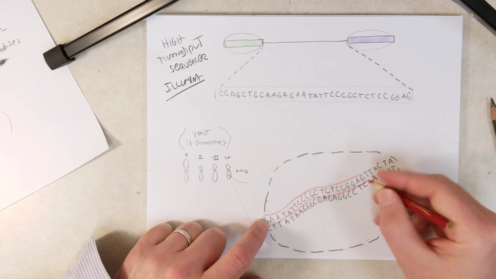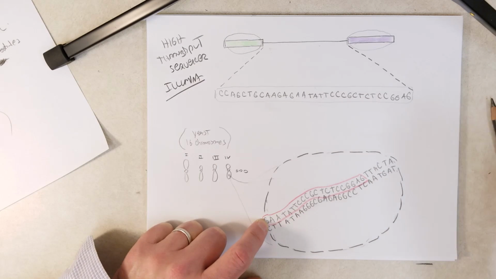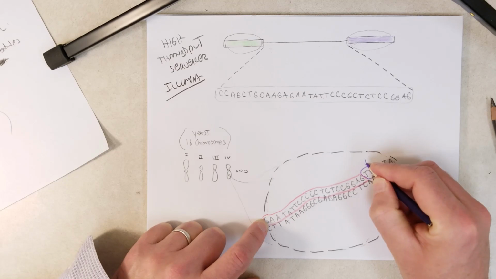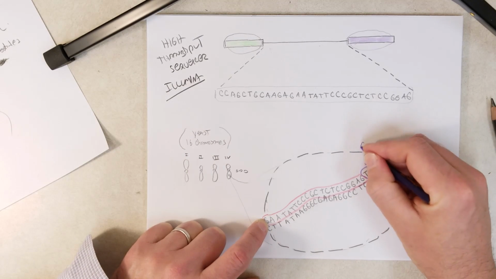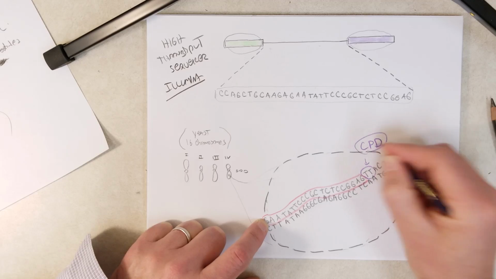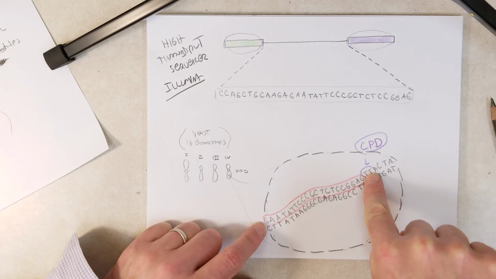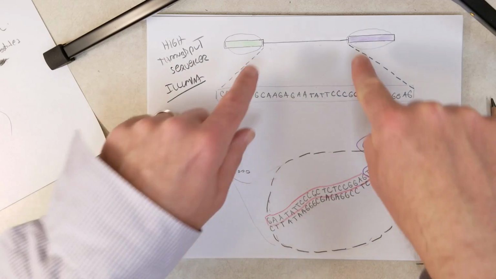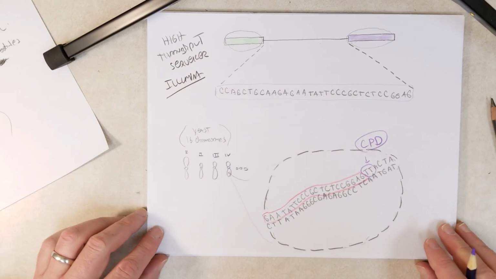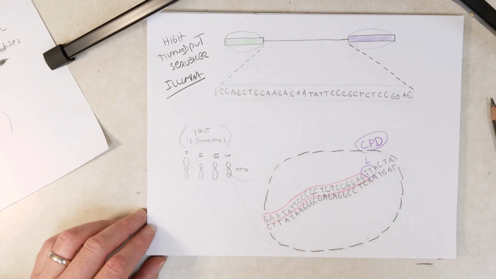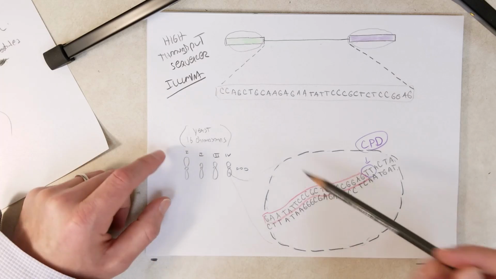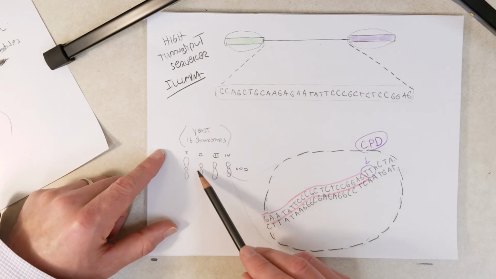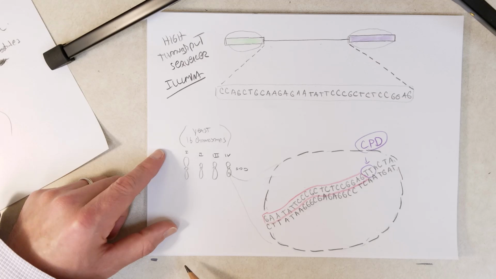Well, that means these 2 T's right here were the 2 T's that formed a CPD during our experiment. And because they formed a CPD, this sequence here ended up between these 2 adapters. So that's essentially how the technique works. And because we have millions of these sequences, we can find where the millions of CPDs are throughout the yeast genome.